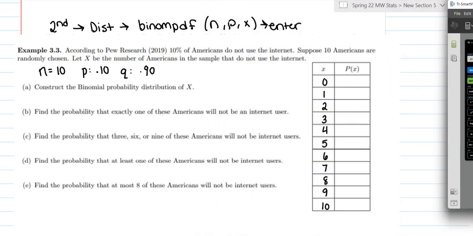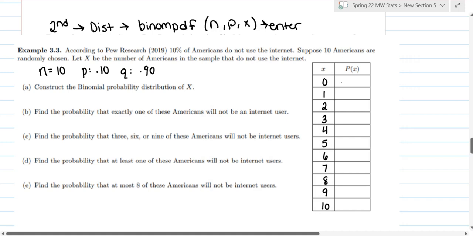So when I'm filling this out, it's going to look like this. I've got 0.349, 0.387, 0.194, 0.057, 0.011, 0.001, and the 6 was a 1.4, so 0.0001, and then 7 through 10 are just 0.